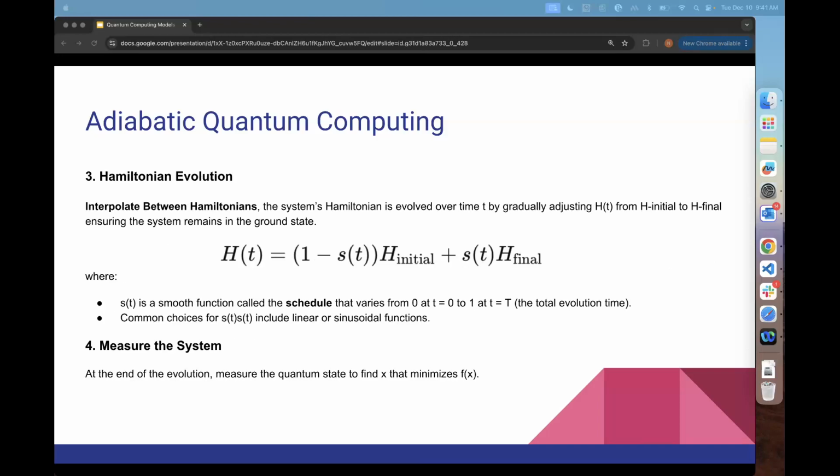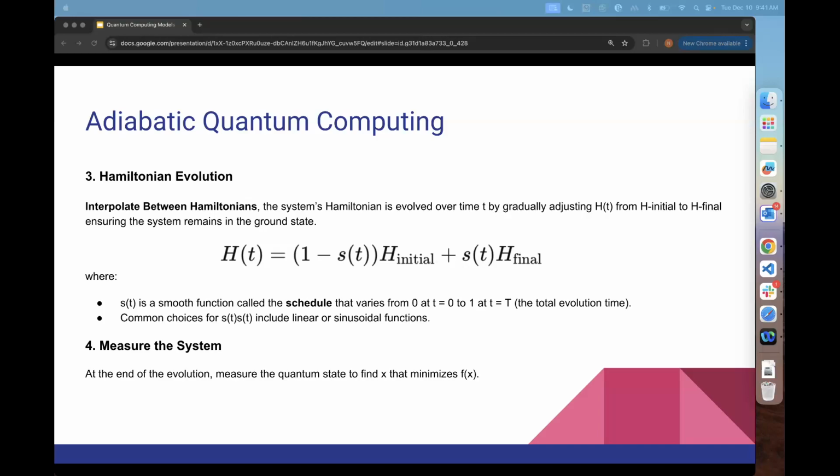Once you set your Hamiltonians, you start with the Hamiltonian evolution. This is the heart of adiabatic quantum computing, where the system transitions from H initial to H final.